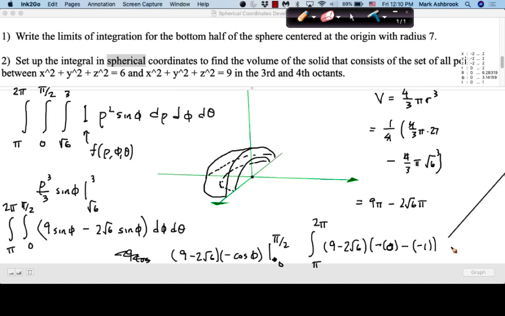d theta. And then that's just going to be 9 minus 2 radical 6 times theta, from pi to 2 pi. And that does it, right? That gives us that.